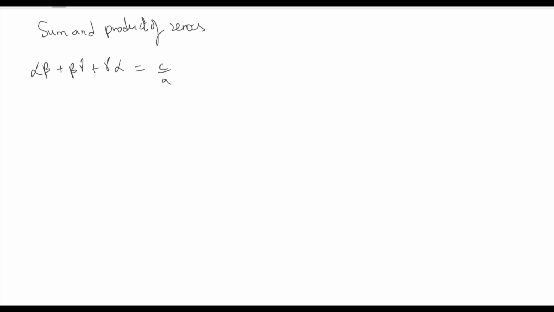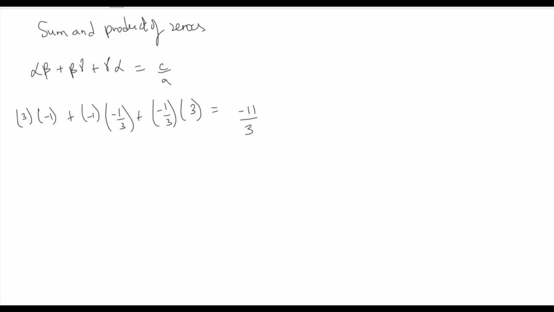Here alpha is 3, beta is -1, beta is -1, gamma is -1 by 3, plus gamma is -1 by 3 and alpha is 3, where the coefficient c is -11 and coefficient a is 3. So we have substituted all the required given zeros and coefficients.